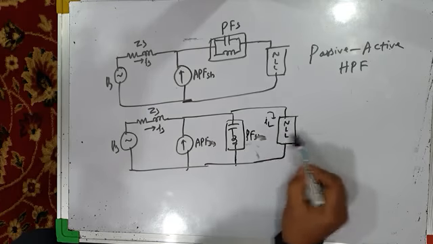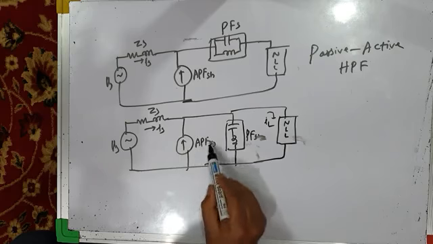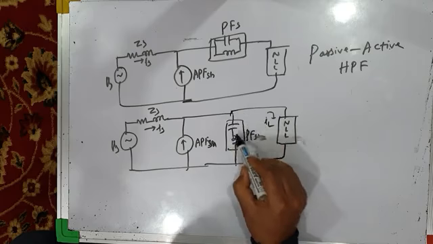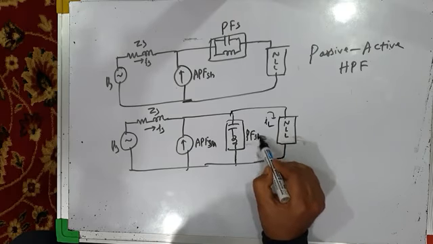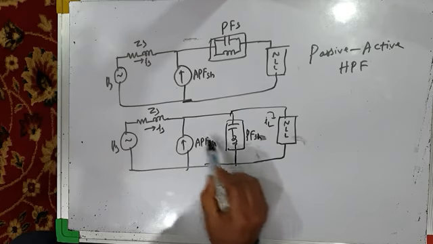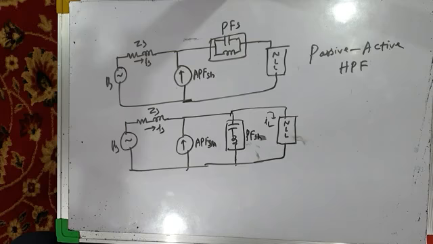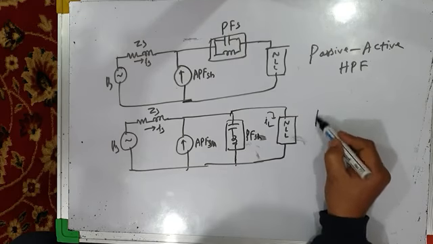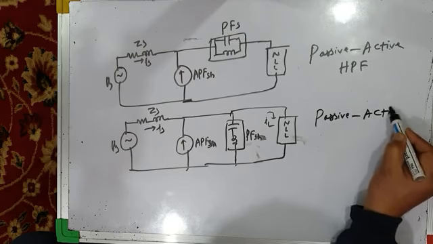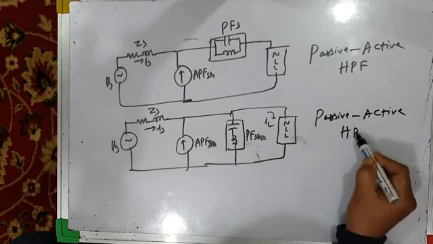Part of the load harmonics will be taken care of by the shunt active power filter, and part of the load harmonics will be compensated by this shunt passive power filter, so that the rating, size and cost of the shunt active power filter is reduced. So this is another example of a passive active hybrid power filter, HPF.